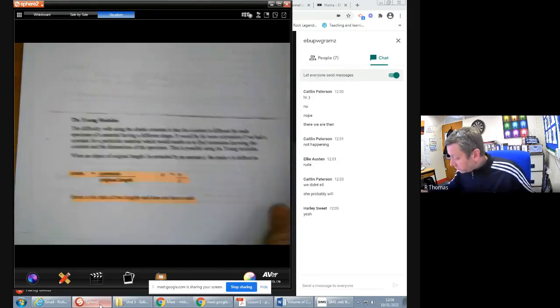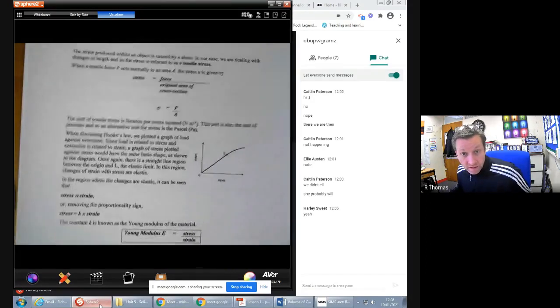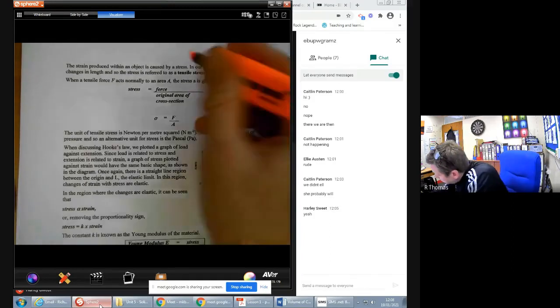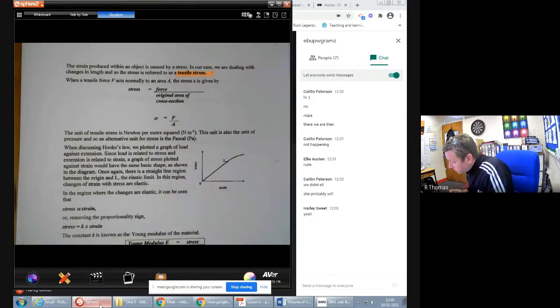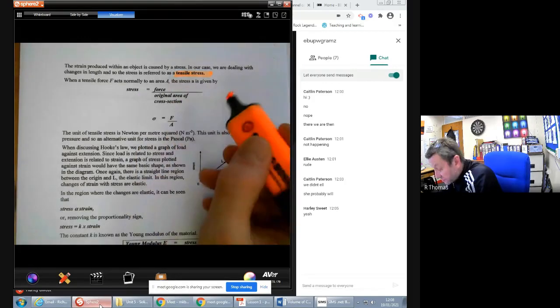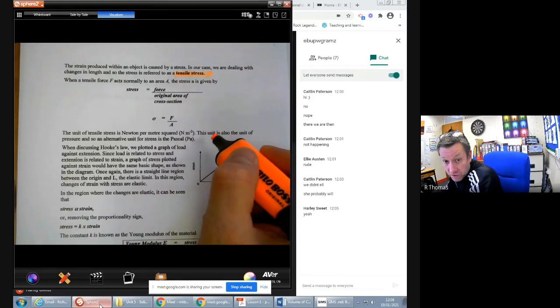Now, turning over, the other thing we need to know the definition of is what we call the stress. We use the word tensile stress because it's talking about a change in length. The definition of stress is the force divided by the cross-sectional area of whatever is being stretched.